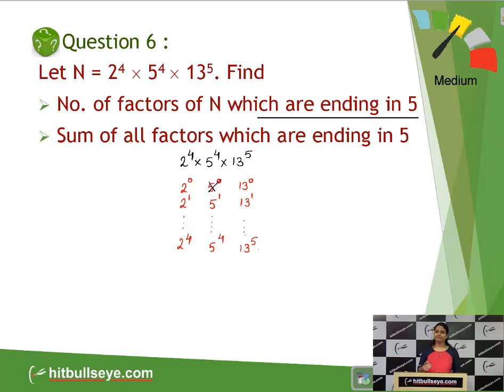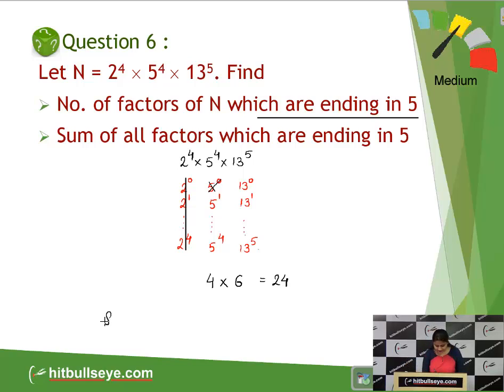If we multiply 5 by any odd number, we will get 5 as the unit place. So, we have to exclude the first column. We cannot make any choice from this column, since it will give you 0 at the unit place. That's why we are left with 4 choices from 5's column and 6 choices from 13's column. So in total there are 24 numbers, 24 factors which will end in 5.